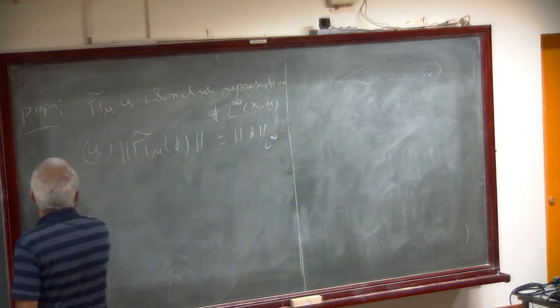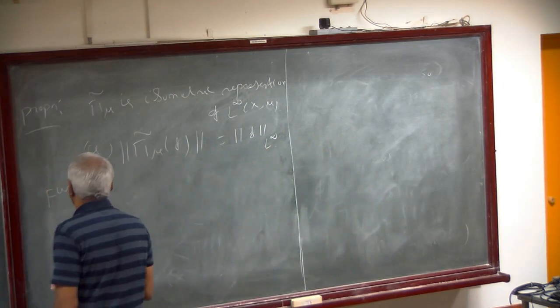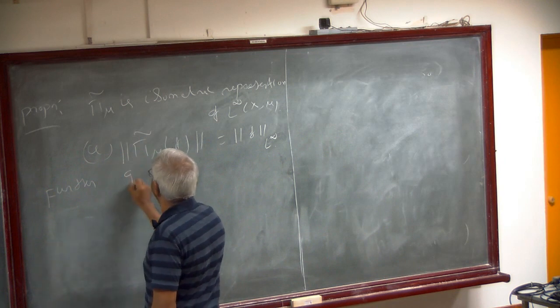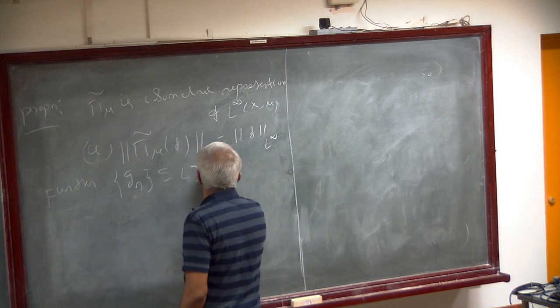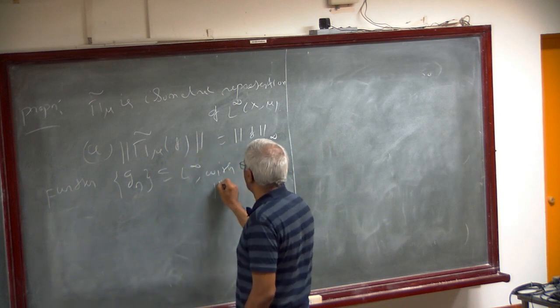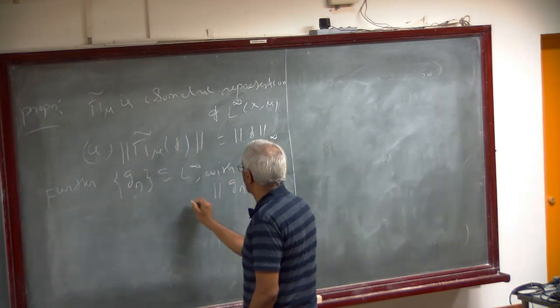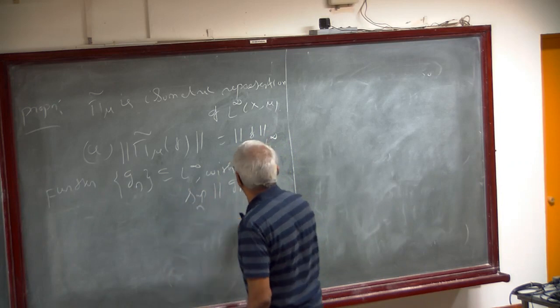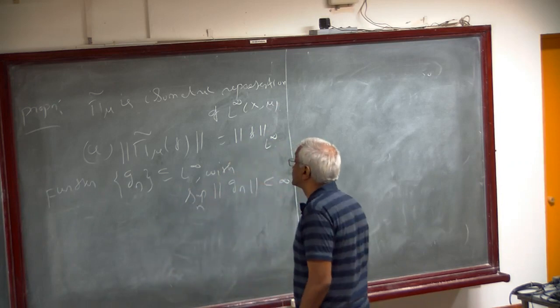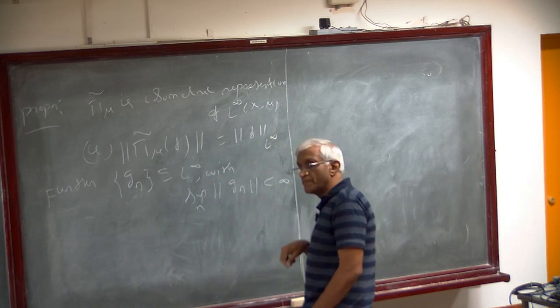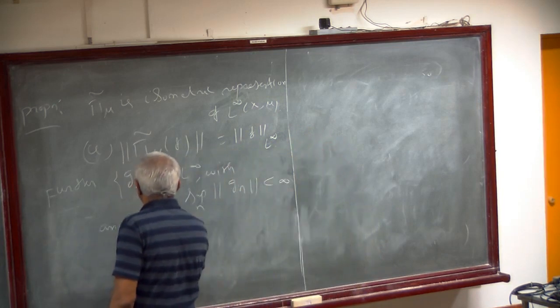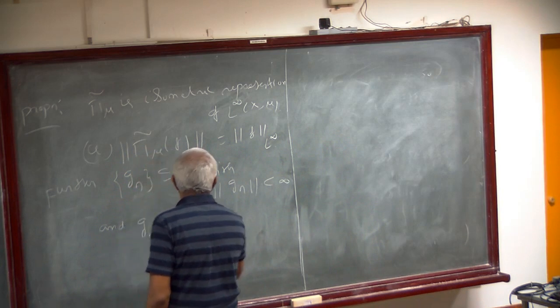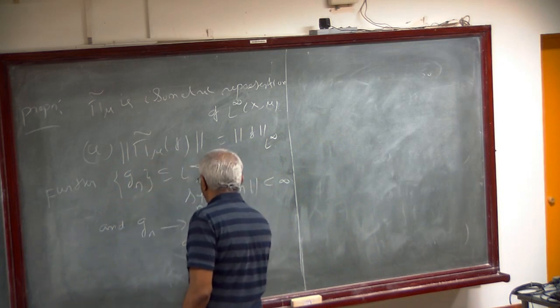Further, it satisfies the following. Let Gn be a sequence contained in L infinity, uniformly bounded, so the L infinity norms are less than infinity, and Gn converges to G in L infinity almost everywhere.